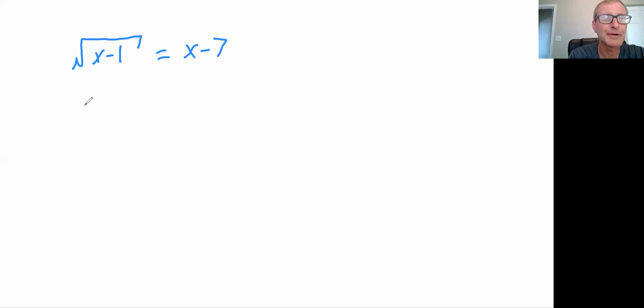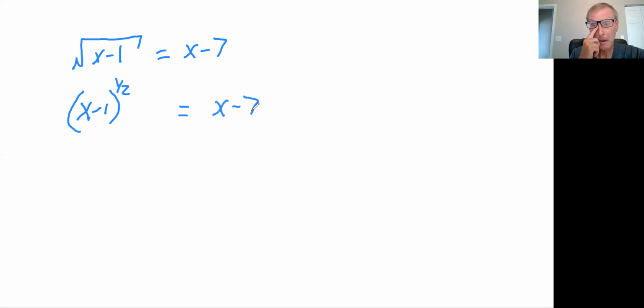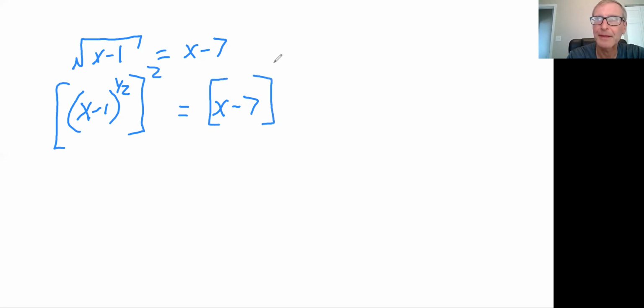And so you could rewrite it this way: x minus 1 to the 1/2 power equals x minus 7. So the strategy here is that you have to do the same thing to both sides of the equation, right? So you take that to the square and that to the square.